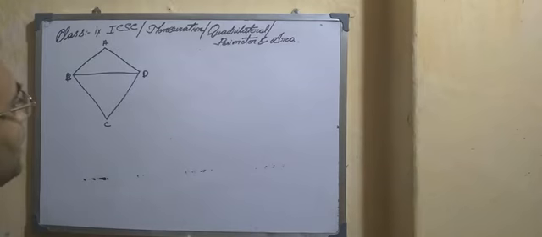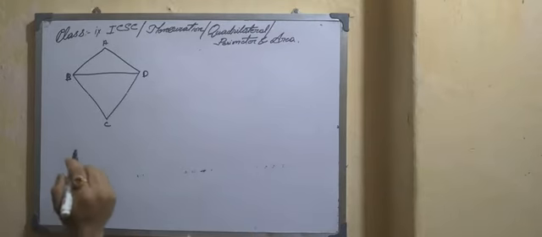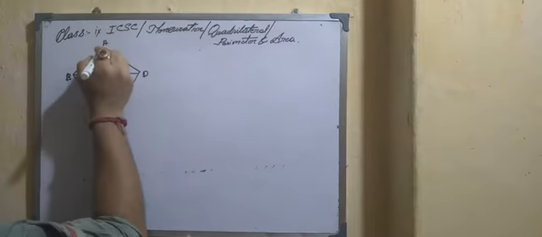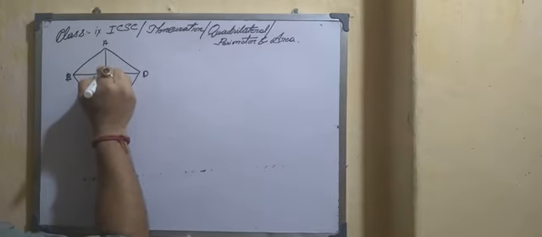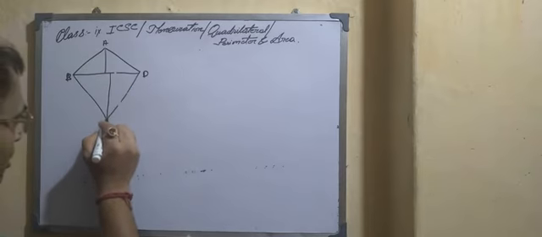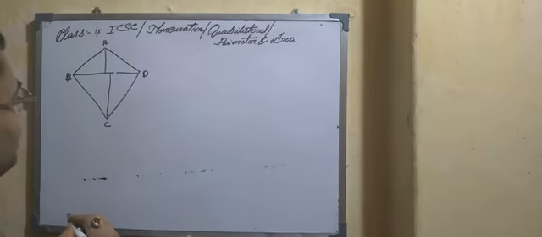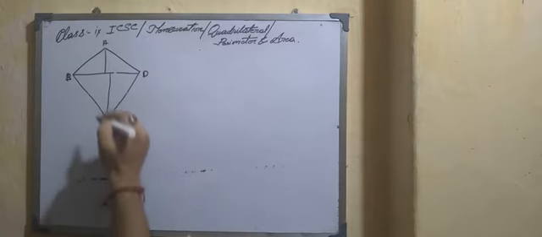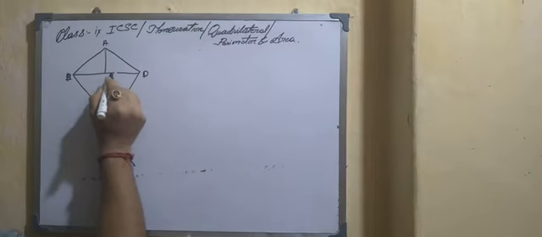Now we have to find out the area of this quadrilateral. To find the area, we draw a perpendicular from the remaining vertex to the diagonal.